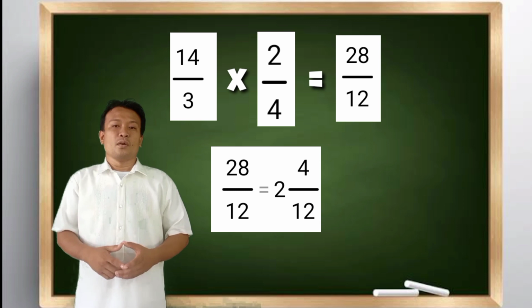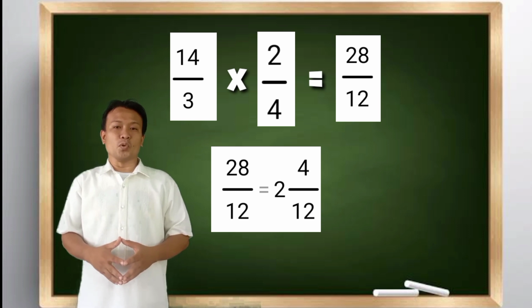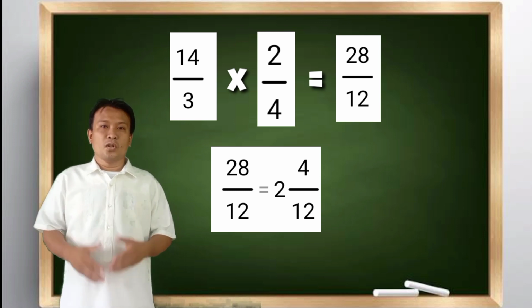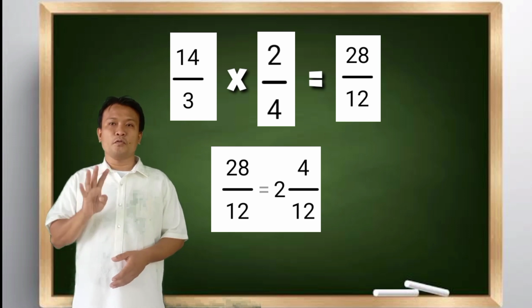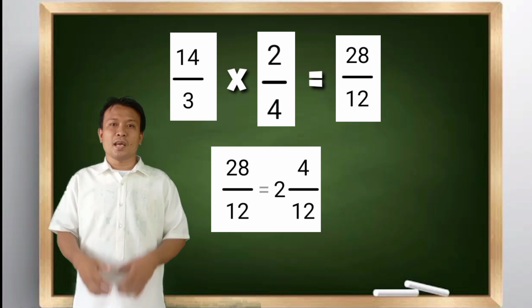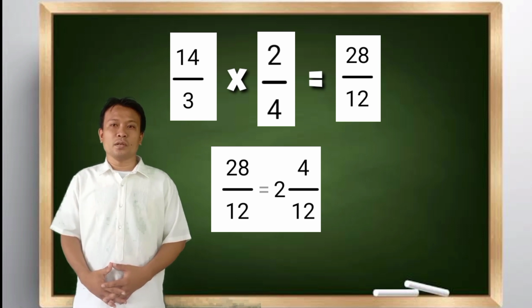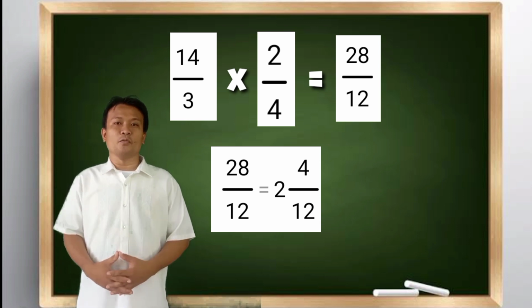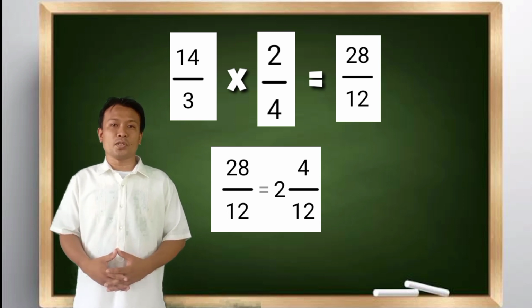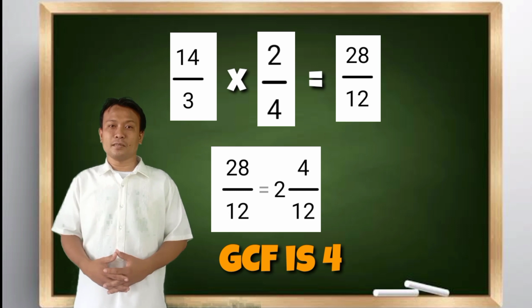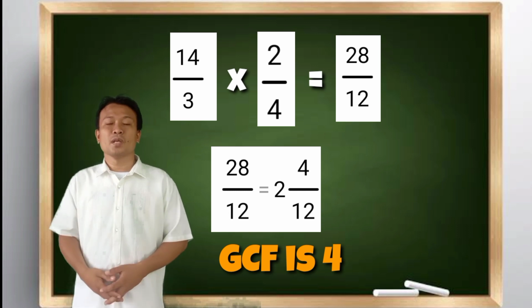Still, 4/12 can be reduced into lowest term. 4 has 1, 2, and 4 as factors. 12 has 1, 2, 3, 4, 6, and 12 as factors. Both numbers have 1, 2, and 4 as common factors, but the greatest is 4.